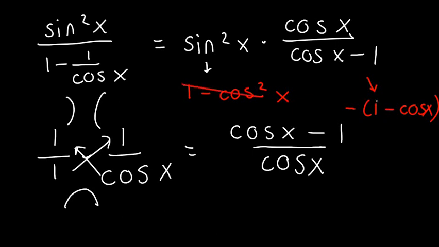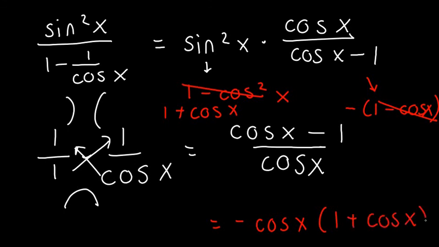If we were to cancel out these terms, we would just get 1 plus cosine x here times cosine x multiplied by a negative 1. So this whole thing would simplify to the following: negative cosine x times 1 plus cosine x, all stemming from the Pythagorean identity.